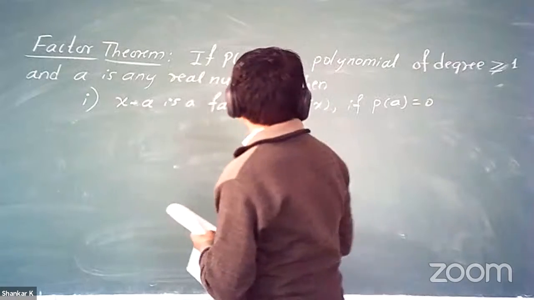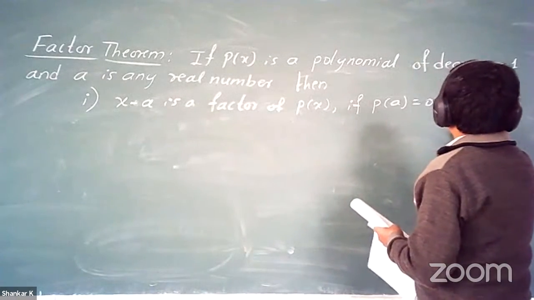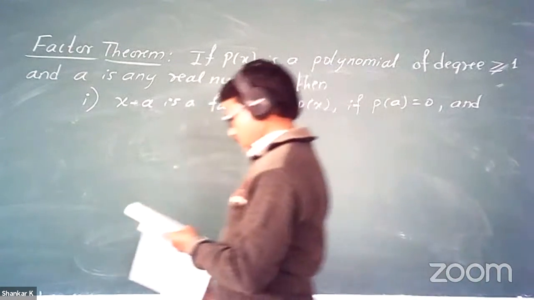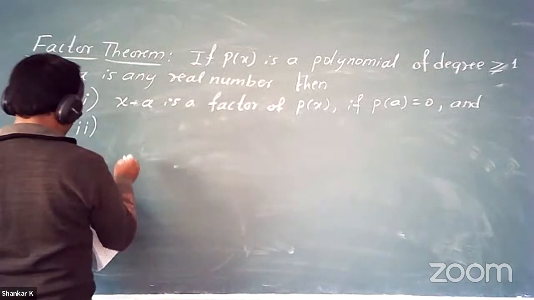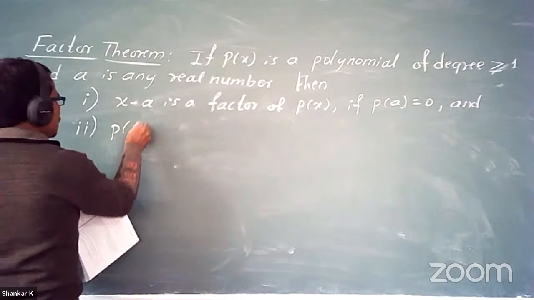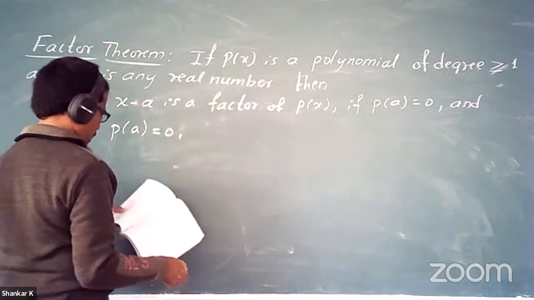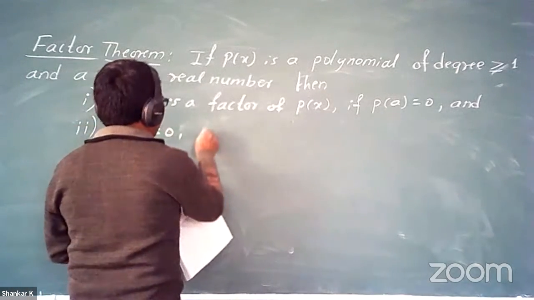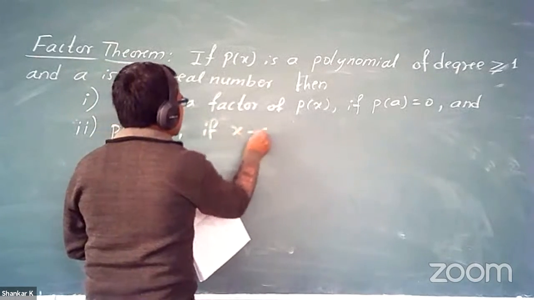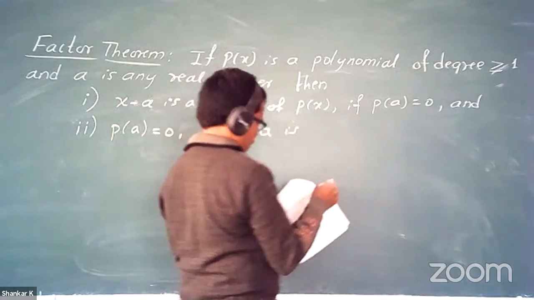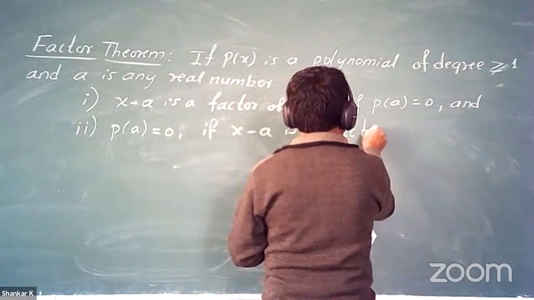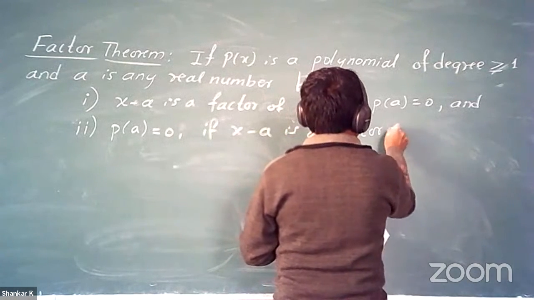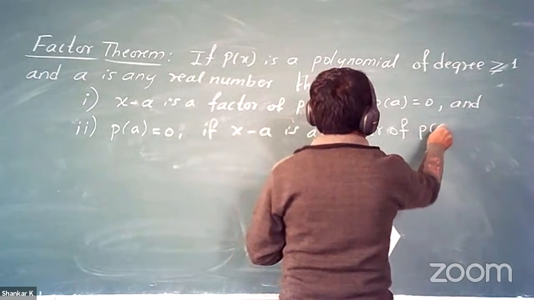And second one, P of a is 0 if x minus a is a factor of P of x.